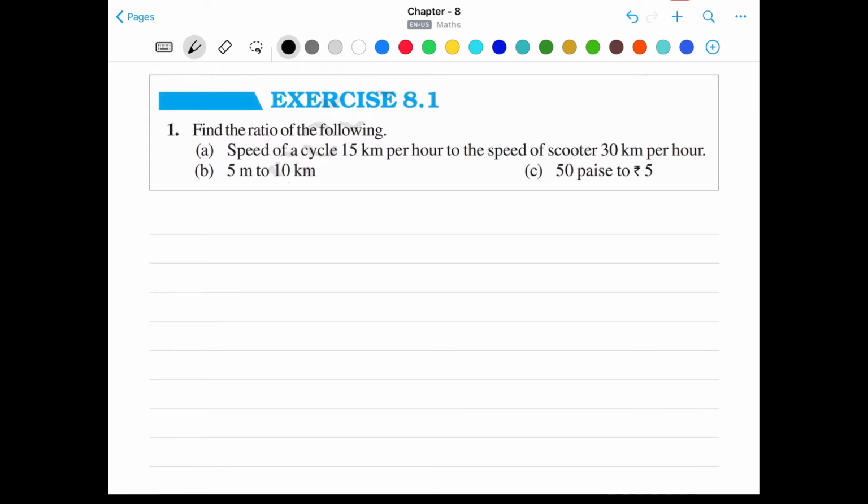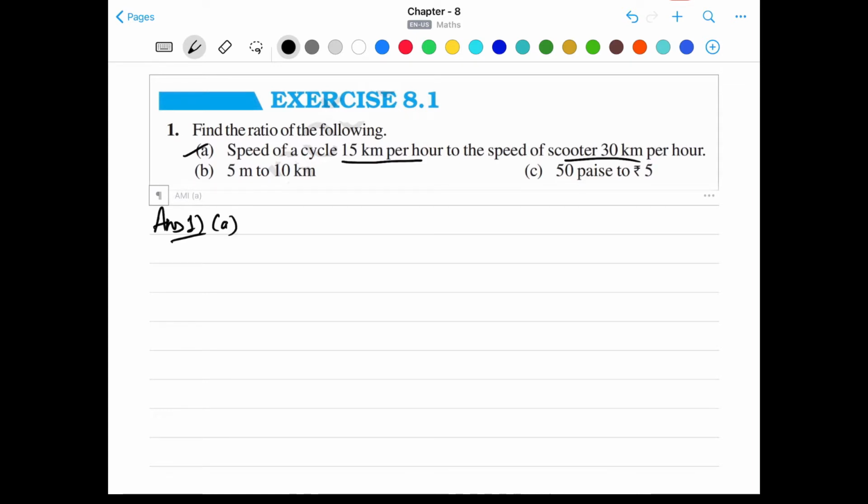We are given the first values, which is part A: the speed of a cycle is 15 km per hour, while the speed of a scooter is 30 km per hour, and we have to find the ratio of these two values. Okay, so let's start the answer. Answer number 1, part A. First we write the given quantities.